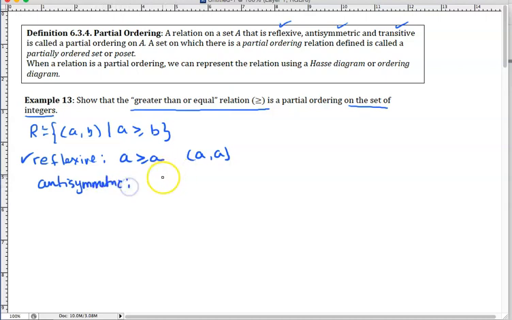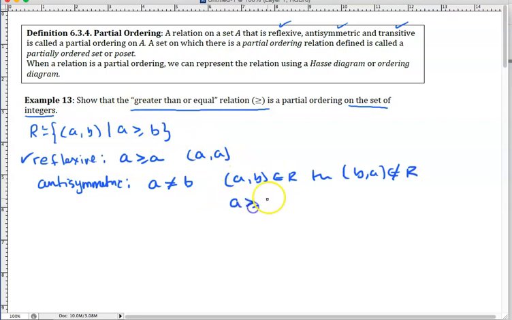Antisymmetric means that if a is not equal to b and (a, b) is in the relation, then (b, a) cannot be in the relation. Again, you can see that this is true, because if a is bigger than or equal to b, then b cannot be bigger than or equal to a. So it's also antisymmetric.